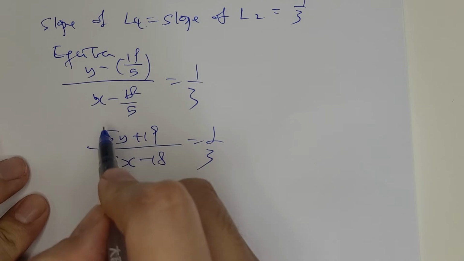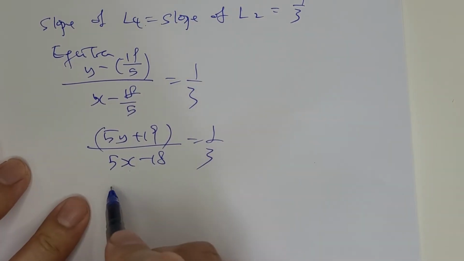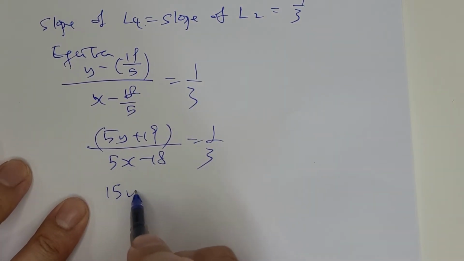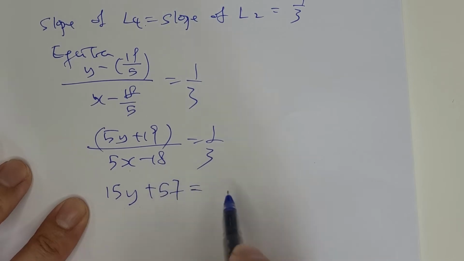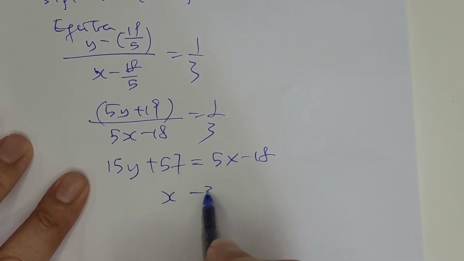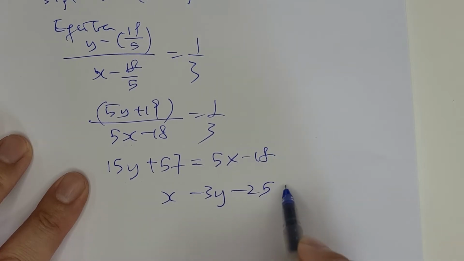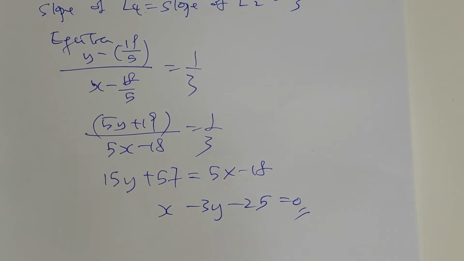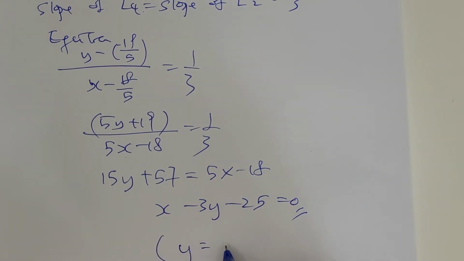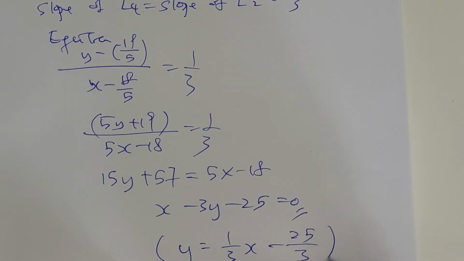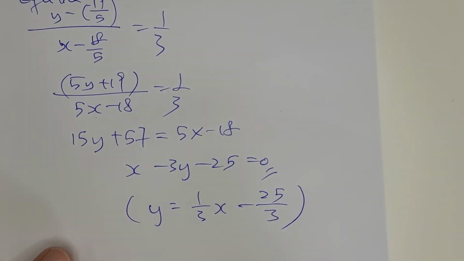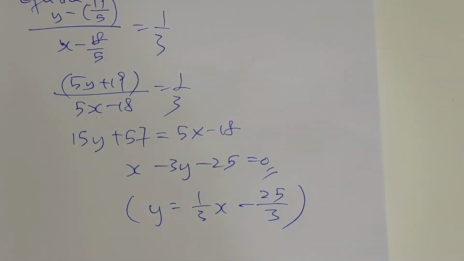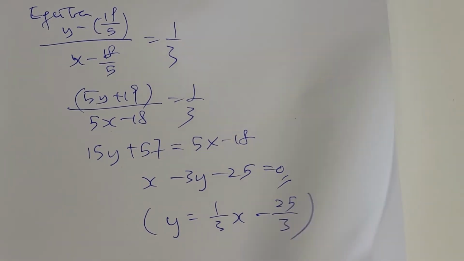So do the cross multiplication, that is 15y plus 57 equals 5x minus 18, and finally x minus 3y minus 25 equals 0. And that is the answer. Of course, you can make y the subject, y equals 1/3 x minus 25/3, is also okay, just up to you. And that's the end of question number 14.